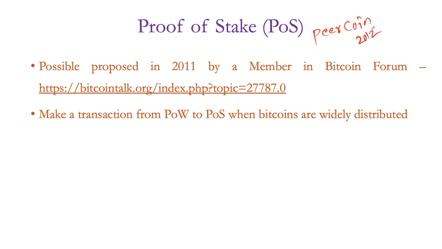One is that acquiring a large amount of digital currency is relatively difficult as compared to buying a high-end application-specific integrated circuit, which can support your GPU or CPU purpose, the special purpose processors we call.